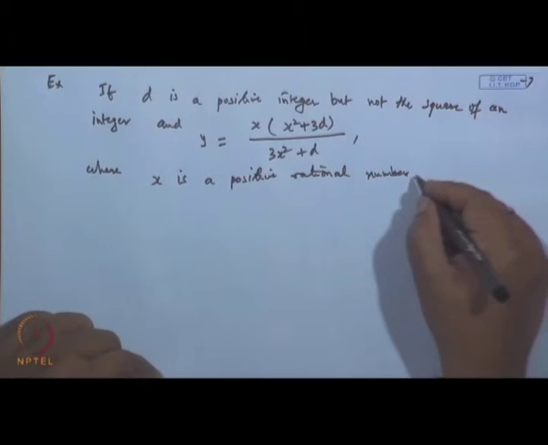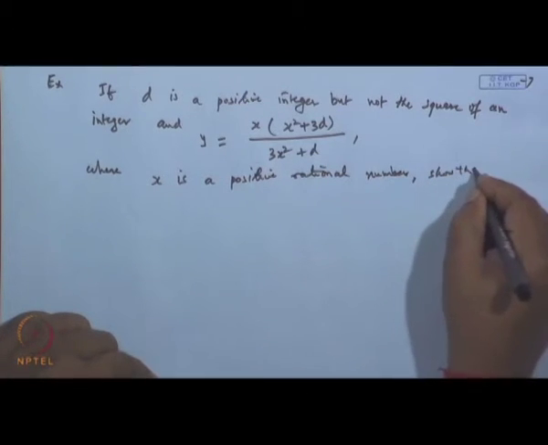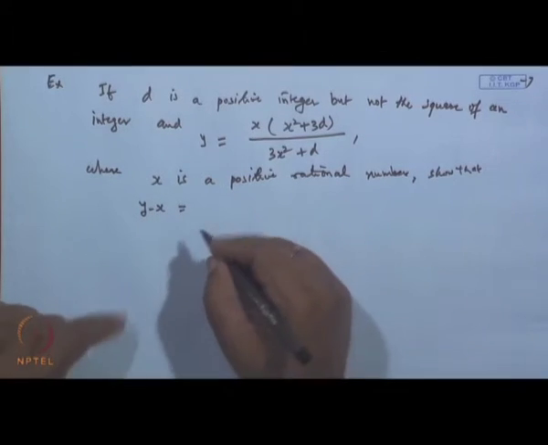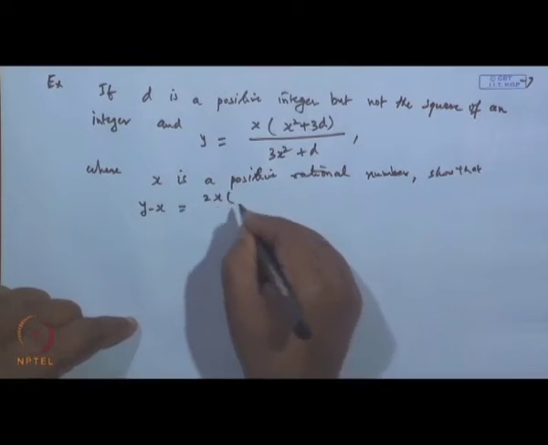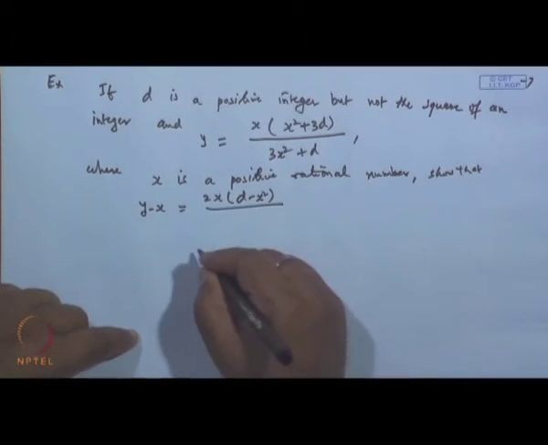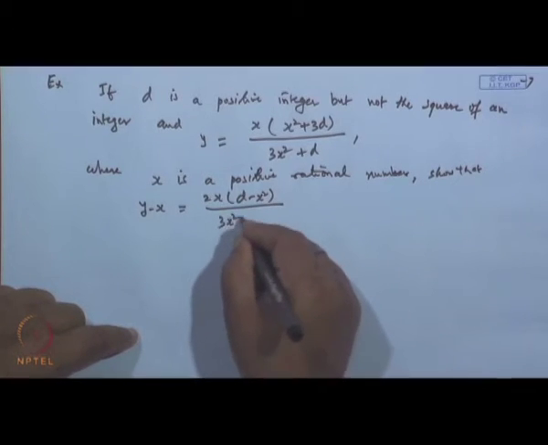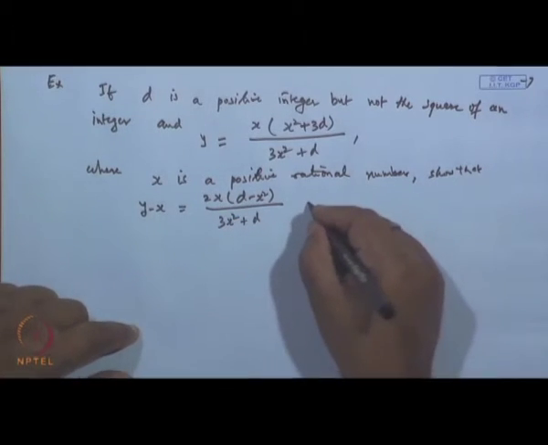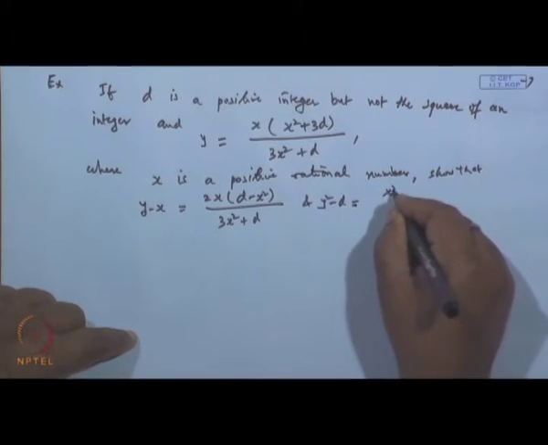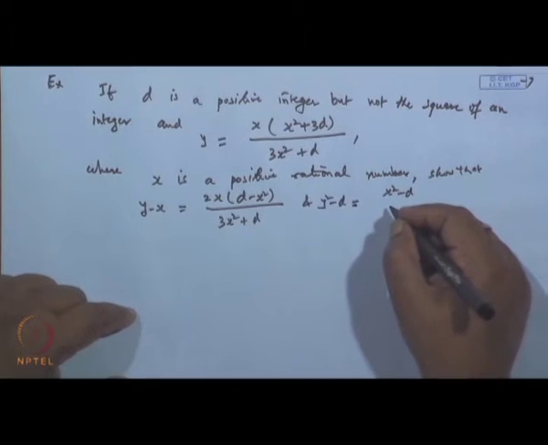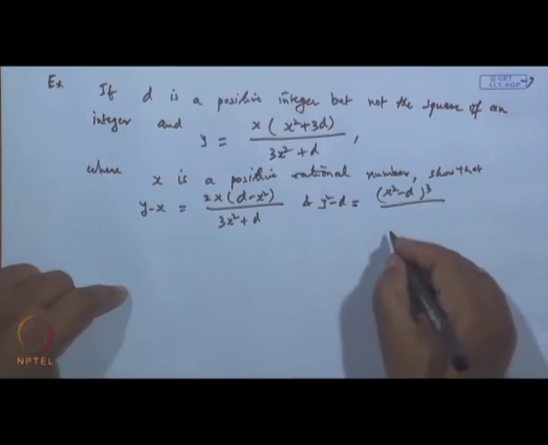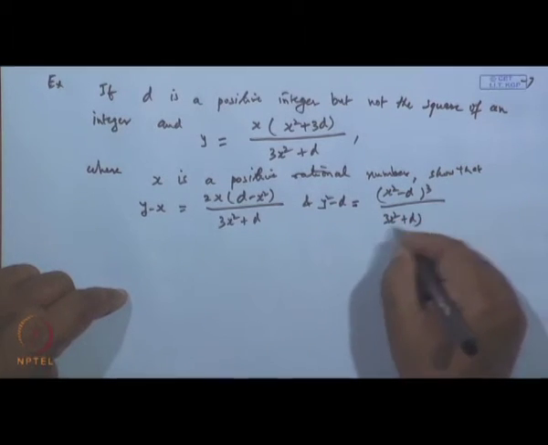Okay. Then y minus x equals 2x (d minus x square) divided by (3x square plus d), and y square minus d is nothing but (x square minus d) whole cube divided by (3x square plus d) whole square.